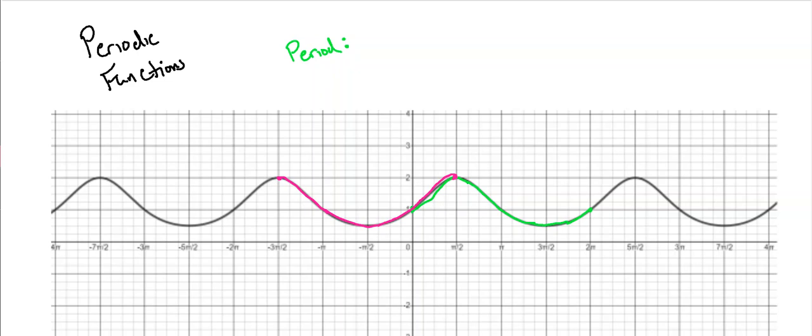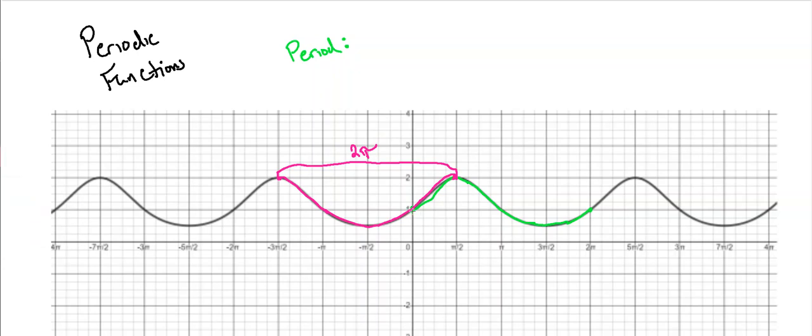And regardless of which one you pick, they're actually going to have the exact same horizontal length. If we measure the distance between these two maximums, that distance from negative 3 pi over 2 to positive pi over 2 is 2 pi. And I could have done the same thing with our other cycle.